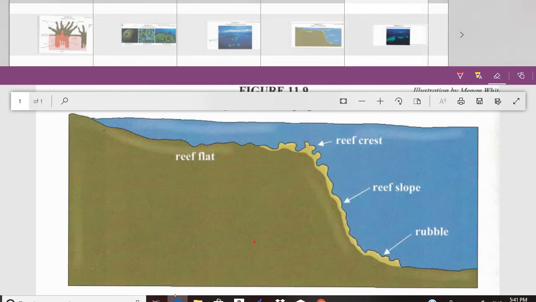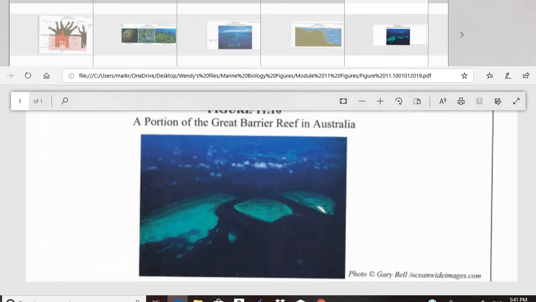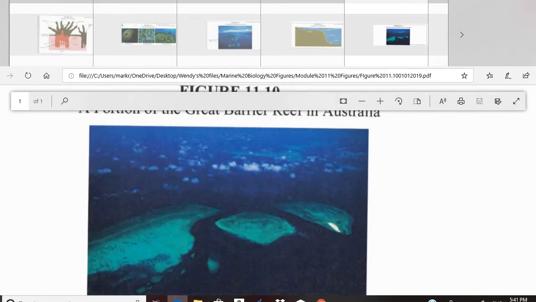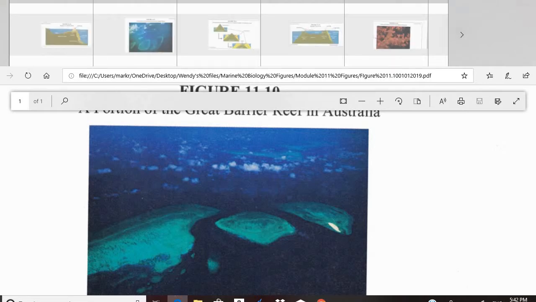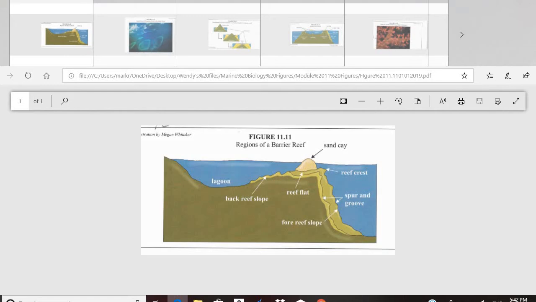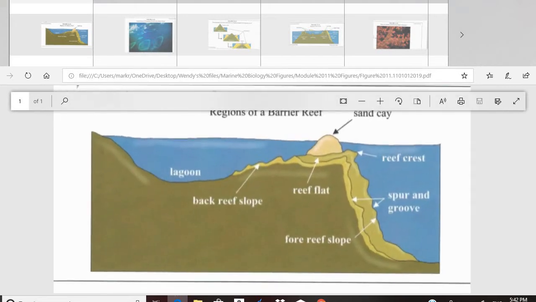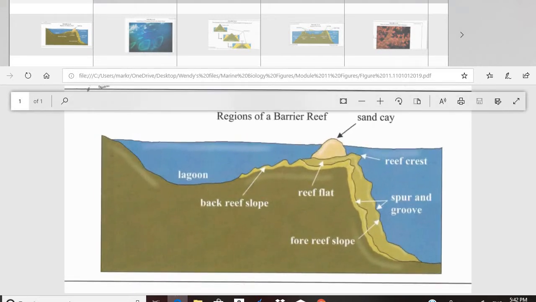So here's a part of the Great Barrier Reef in Australia. And then let's go ahead and look at the parts of a barrier reef.